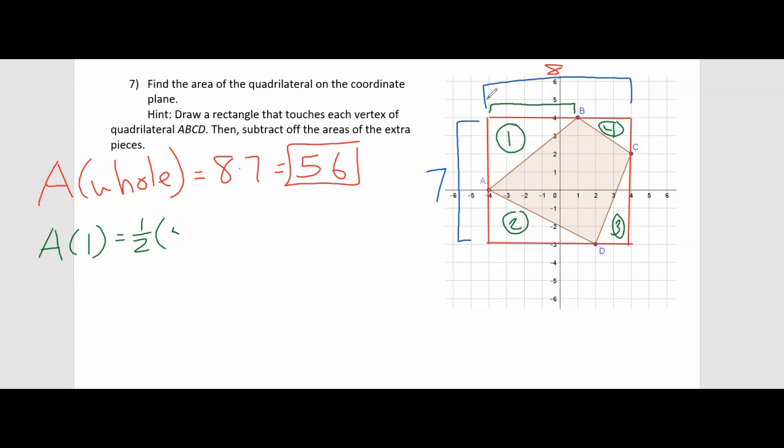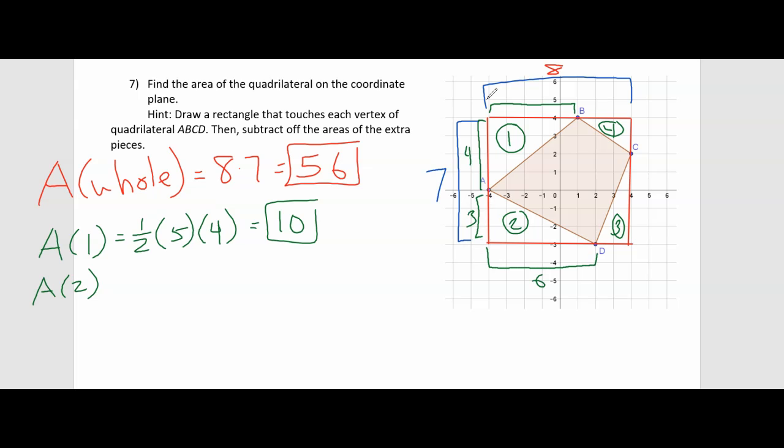That base is 5. The height is 4. So 1/2, 4 times 5, which is equal to 10. The area of 2, that base is 6. Height is 3. So 1/2 times 6 times 3 gives me 9.